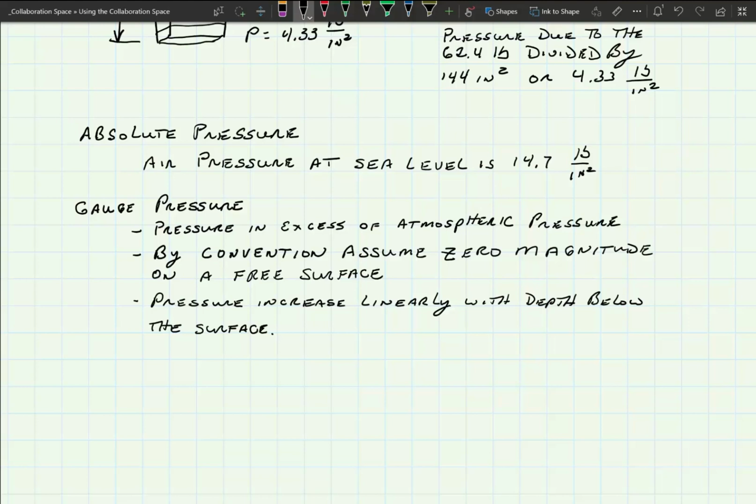Okay. All right. P is equal to specific weight times Z only.